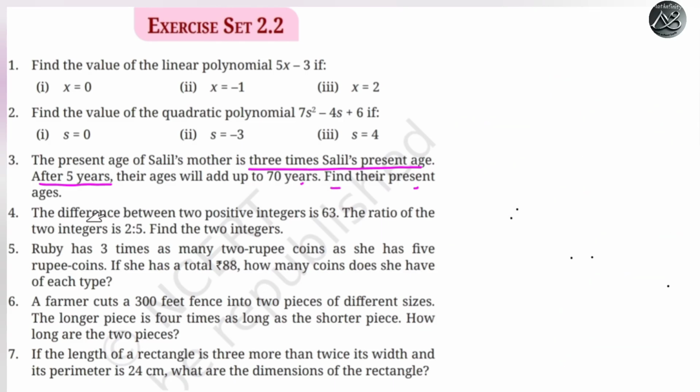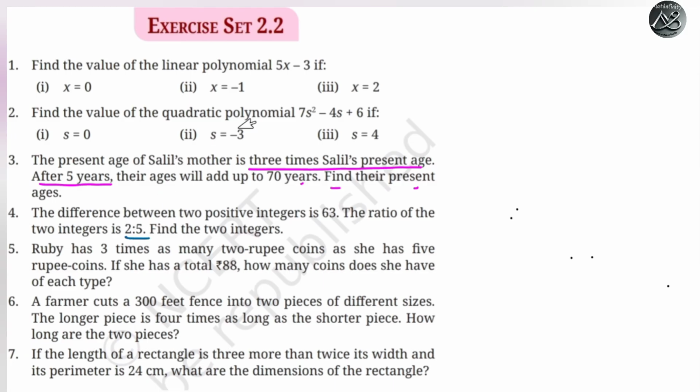Now the next question. The difference between two positive integers is 63. The ratio of the two integers is 2:5. Find the two integers. So given the difference between two positive integers is 63, and the ratio of the two integers is given as 2:5.